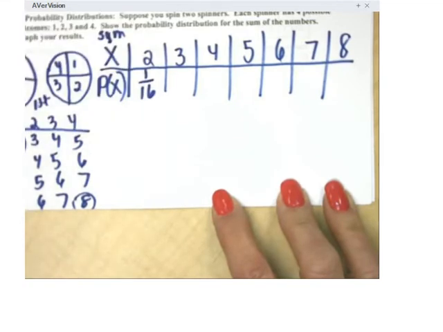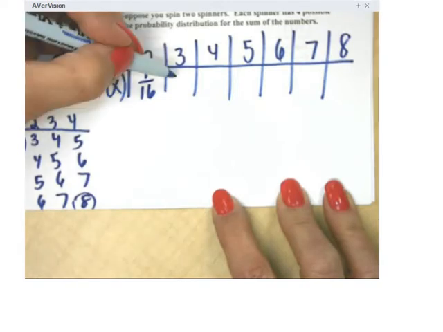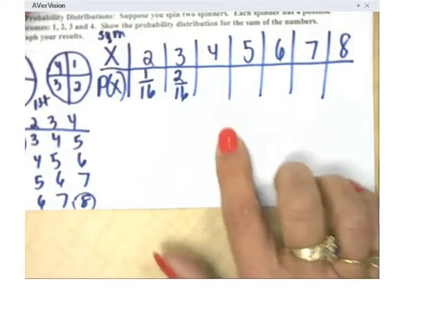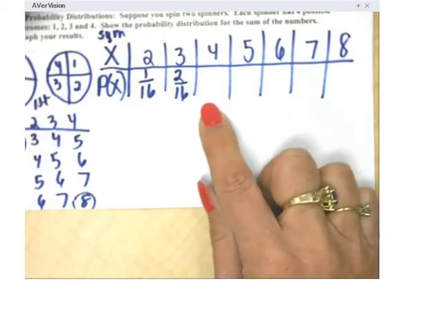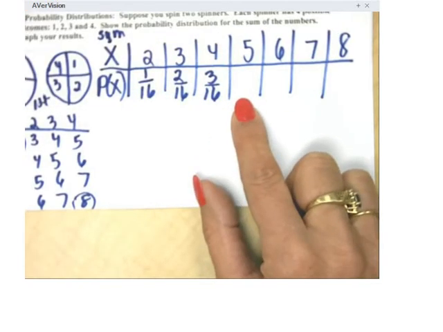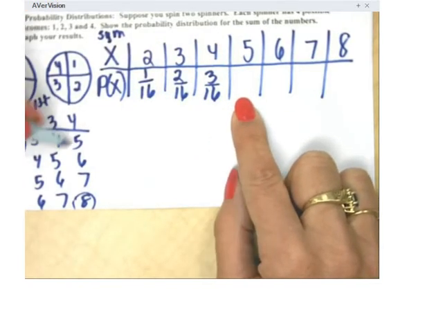A sum of 3 occurs two different ways: a 2 with a 1, if there's a 2 on this spin and a 1 on that spin, or if there's a 1 on this spin and a 2 on that spinner. So I have two different ways for that to happen. Now I'm not going to reduce this in my probability distribution just so I can see my trend. I have 3 different ways for a sum of 4 to come up. I have 4 different ways for the sum of 5.